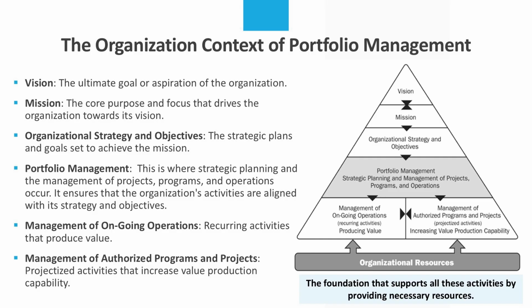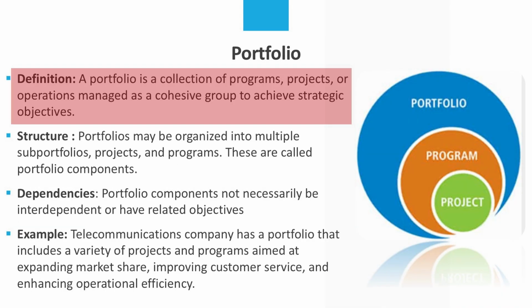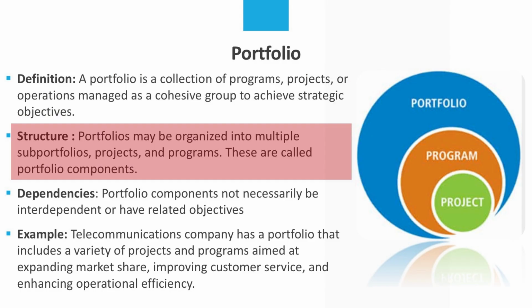Up next, we'll define a portfolio, break down its components, and understand their key characteristics. Think of a portfolio as a way of grouping important work so it can be managed together, not separately. That work can include projects, programs, and even ongoing operations, all viewed through a single strategic lens. The portfolio doesn't have to be simple or uniform.